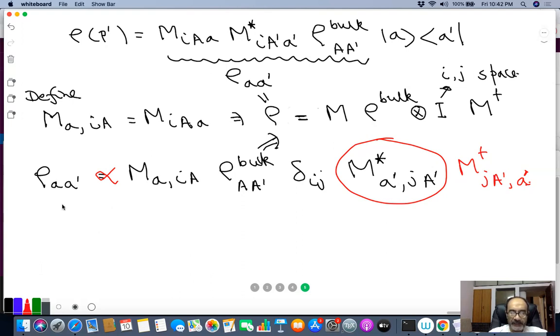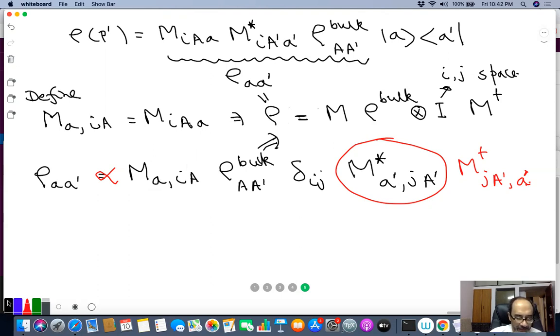Those factors will accumulate, but we are not bothering about them because ultimately rho will be normalized anyway by setting trace rho equal to 1. So these are all up to that overall normalization. Whenever you take M and N as isometries, that's also up to this overall normalization, because you have to normalize them appropriately.